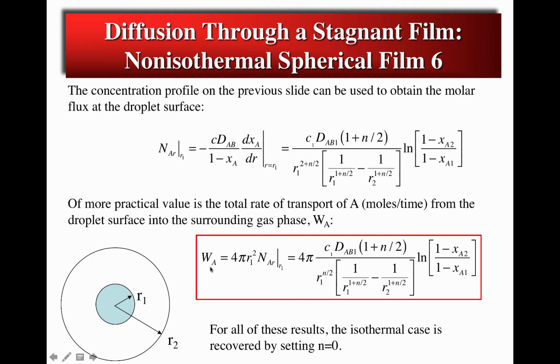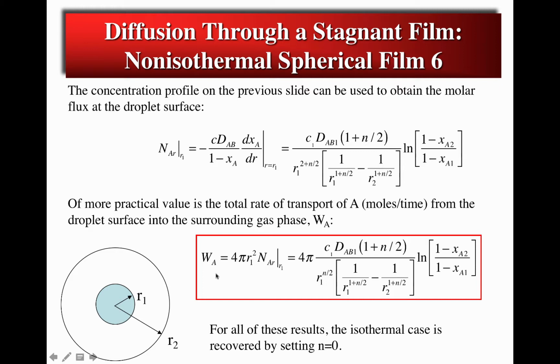And that net rate of transport of A, or conversion of A from the solid or liquid form to the gas form, in terms of moles per unit time, would be given by the flux at the particle surface times the area.